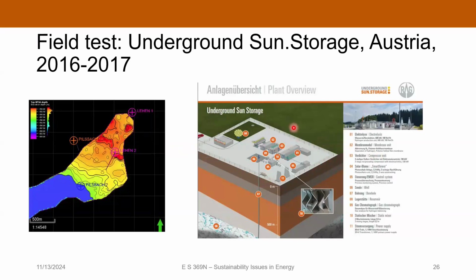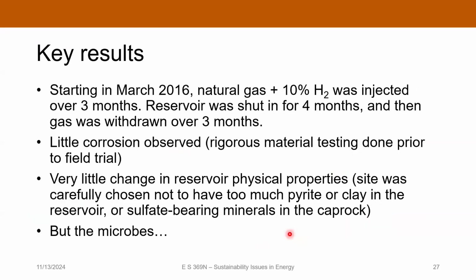And so they had electrolyzers at the surface that generated the hydrogen, and then they pumped it underground into the reservoir. They did a very small amount of hydrogen. It was mixed with natural gas. And so they did a 3-month-long injection cycle, 4 months of just being shut in, nothing happening. And then they produced the gas over the course of 3 months.